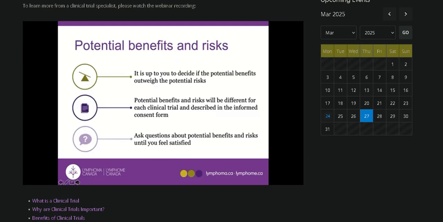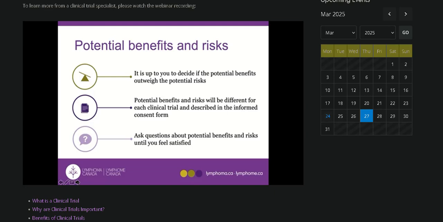There are potential benefits and risks to any clinical trial. It's up to you to decide if you feel like the potential benefits outweigh the potential risks. All of the potential risks and benefits will be different because each clinical trial is different, and they will be described in the informed consent form that you're asked to go through, and the clinical trial team will go through with you as well at the start of discussions about your participation.